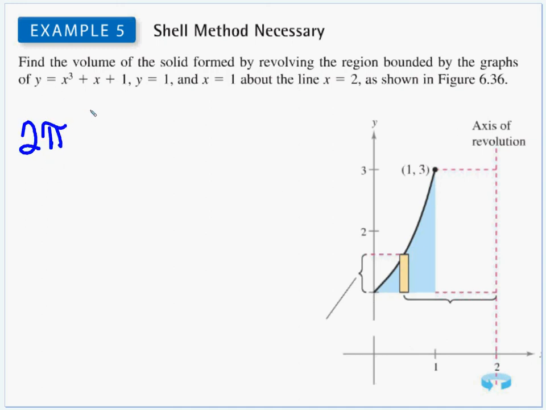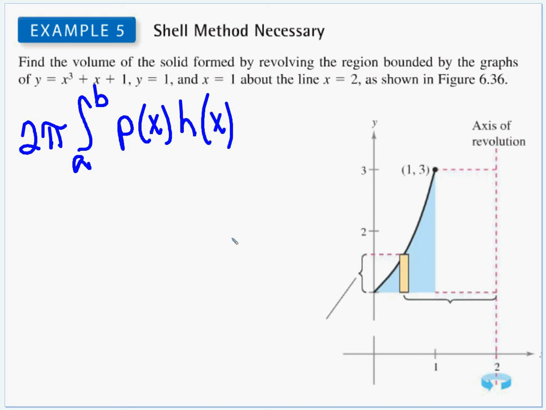We're going to have a 2 pi. We're going to have our lower and upper bounds a and b. And we're going to have a p of x, our distance from axis of rotation, h of x, the height of our representative element, and then a dx. Okay, the easy stuff will be our upper and lower bounds. We're going to the x-axis. Looks like we're going from 0 to 1.